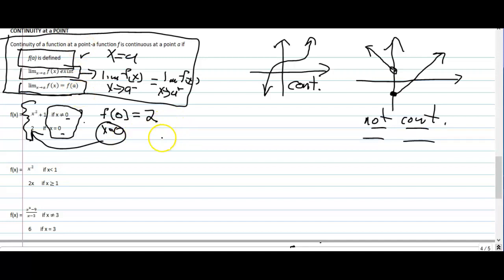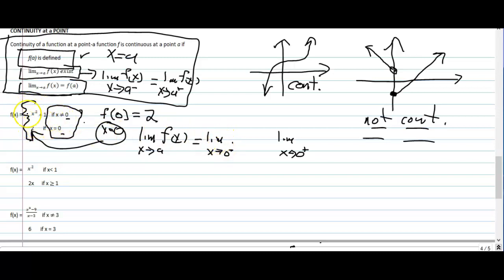Now the second condition is we have to look at the limit of the function as x approaches a. In this case, we're looking at the limit of the function as x approaches 0 from the left, and the limit as x approaches 0 from the right. So we need to determine whether we're taking the limit of x squared plus 1 or the limit of 2.